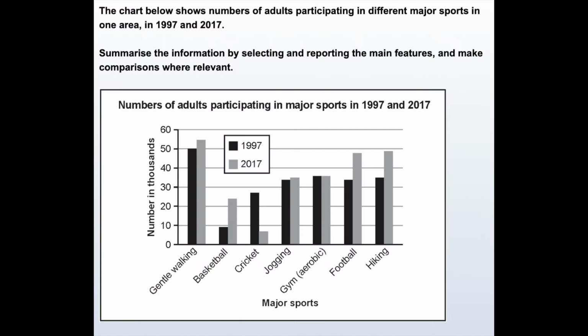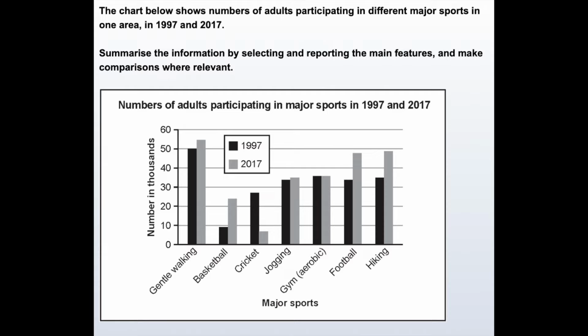Now, when you are going to explain the chart in more detail, at that time you have to make sure that you are highlighting the main features and you are making any comparisons if required, if relevant. As I said to you before as well, when you are highlighting the main features, if something is the highest or something is the lowest, at that time you can use those points as the main features.